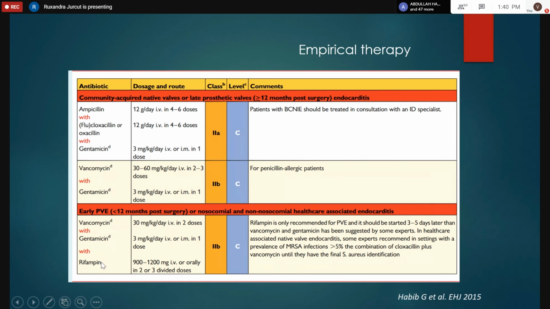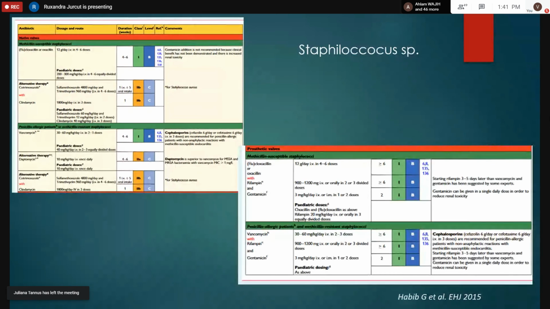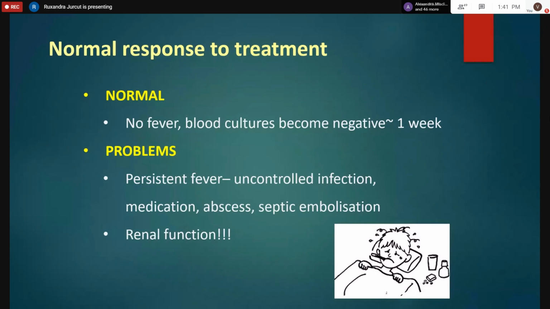So just a strong regimen. And again, it's usually up to 6 weeks of therapy. But for the empirical therapy, we give it until the hemocultures come. And if the hemocultures come, for example, with Staphylococcus, as in the table before, we switch to the Staphylococcus regimen.